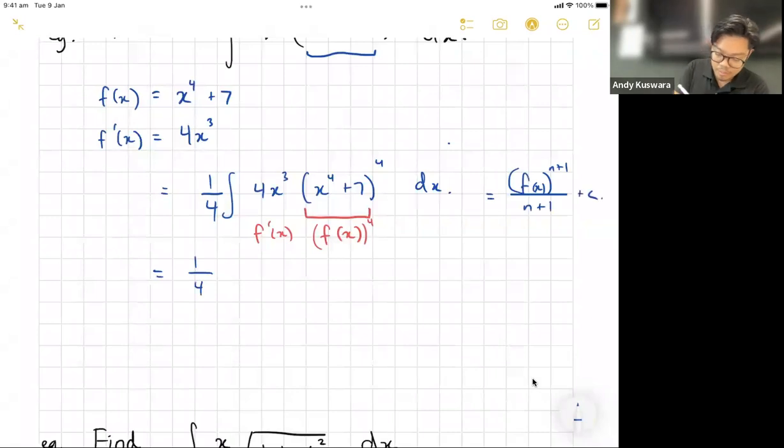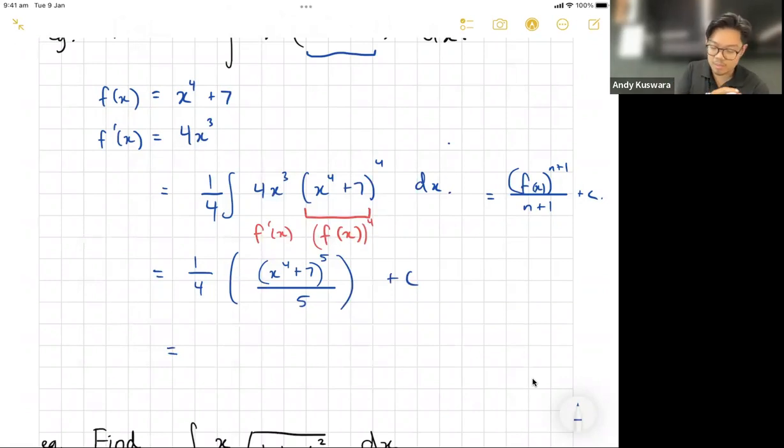In other words, it's going to be our bracket, x to the 4 plus 7, and instead of to the power of 4, I'm going to raise it to the power of 5, and divide it by the new power of 5, plus c. And just to clean it up again, I've got that 1/4 out the front, so I'm just going to go numerator with numerator, denominator with denominator, and that's going to leave me with (x to the 4 plus 7) to the power of 5 all over 20, plus c.